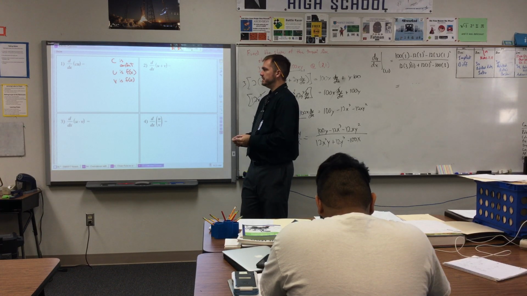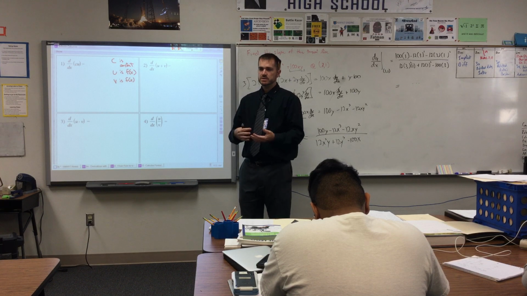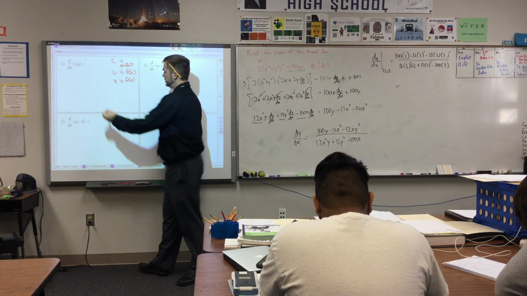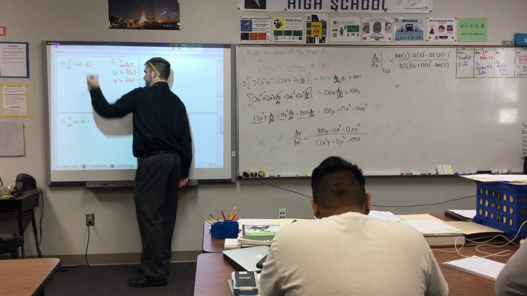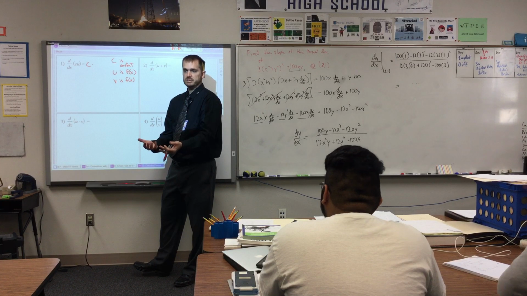Number one is asking about the constant multiple rule. What's the derivative of a constant times a function? And the answer is a constant times the derivative of that function.